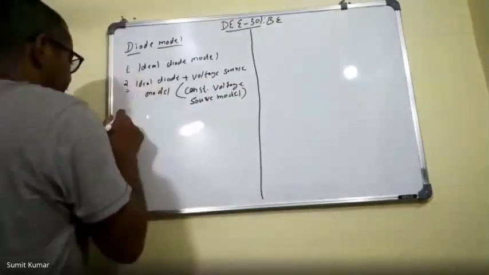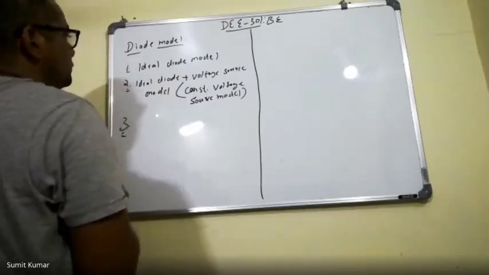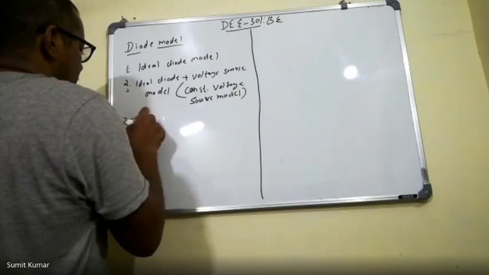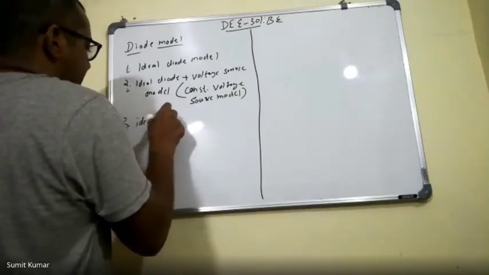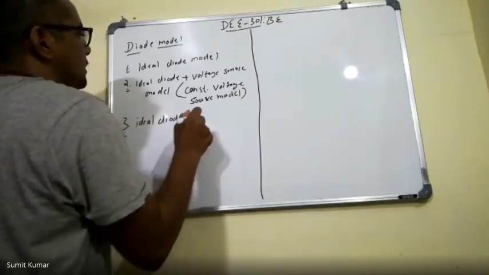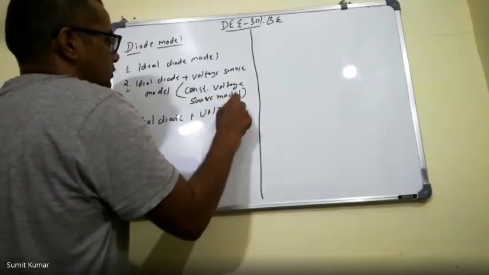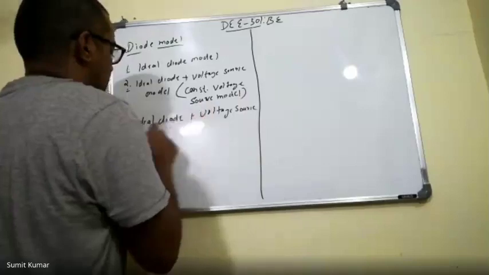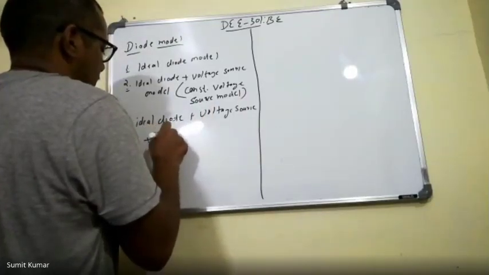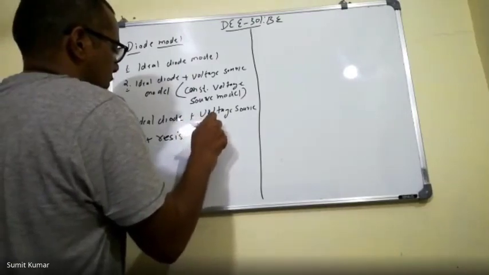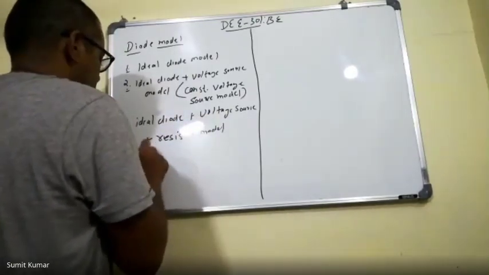The third one is the ideal diode plus voltage source plus resistor, which is also called the piecewise linear model.